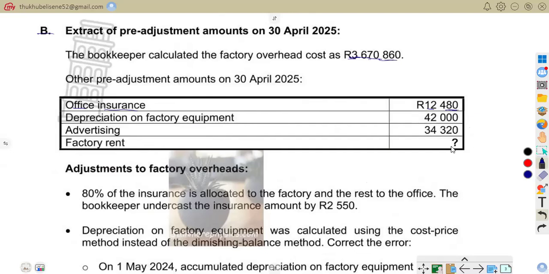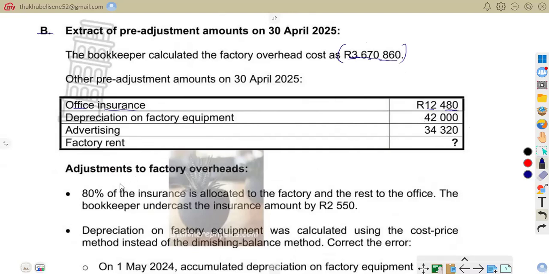Remember, we are to adjust this amount. Like I've said, that is an incorrect total, so we have to adjust it. So we have this much, 12,480, as the insurance account.